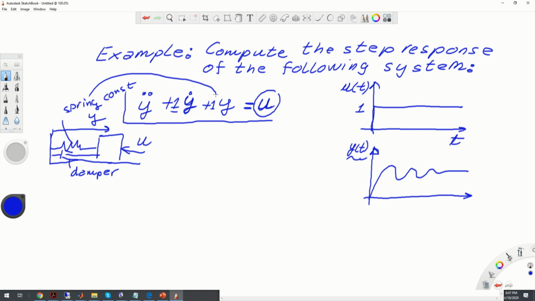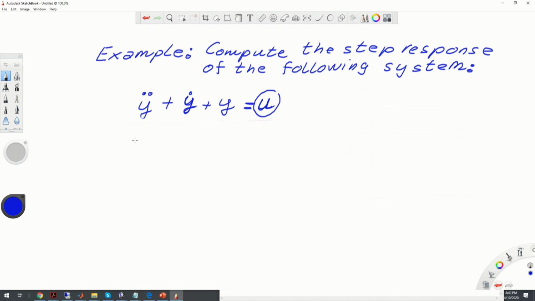So this is a physical interpretation of the system. So we ask ourselves, when we apply a constant force, how is our system going to behave? How will our y, our displacement, behave? Will it oscillate or will it stay constant? This is a fundamental problem in mechanical engineering.